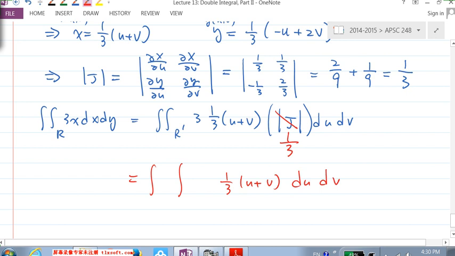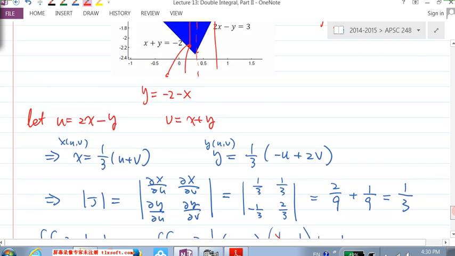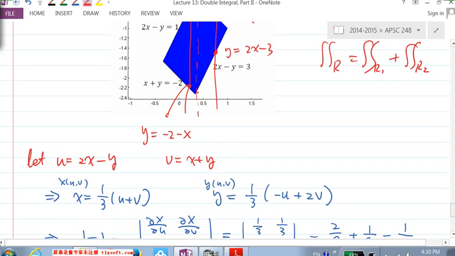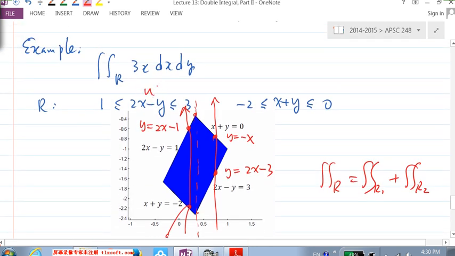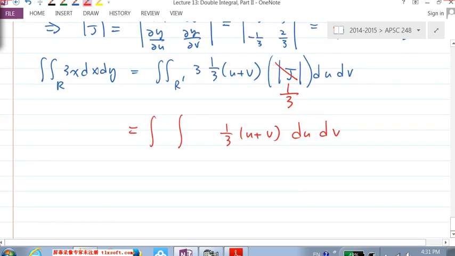What are the limits for u? What are the limits for v? You see, when you define u as 2x minus y and v as x plus y, naturally this is the u here, this is the v here. What's the range of u? It's 1, 2, 3. What's the range of v? It's this. So imagine there is a u and v plane.